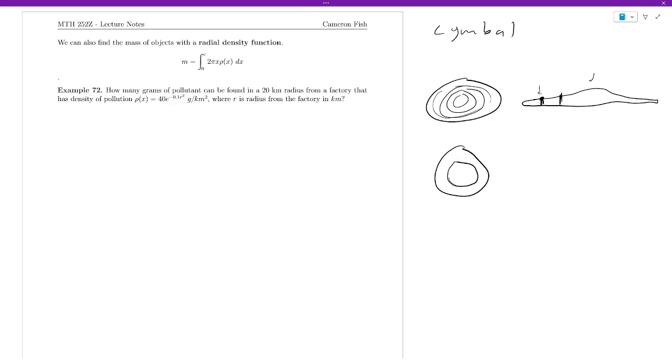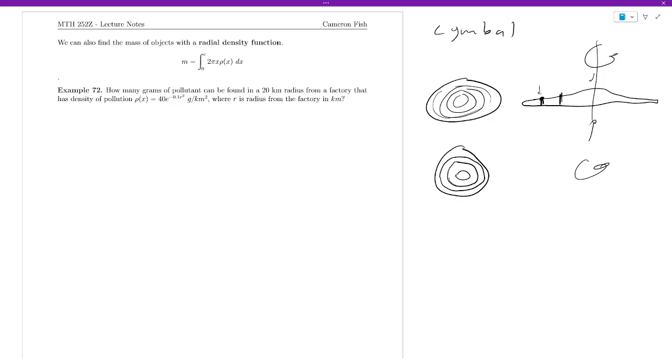If I pick another radius position, maybe that's here now, on that entire circle, it's the same density. So it's not the same density everywhere, but if I stick on a given circle, it's the same density the whole time on that circle, if that makes sense. And that's because you imagine taking this cross section and spinning it around this axis, right?